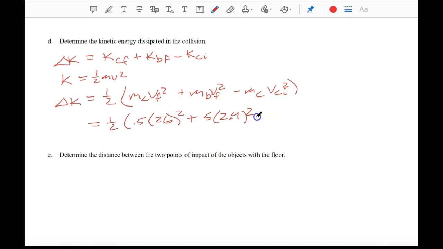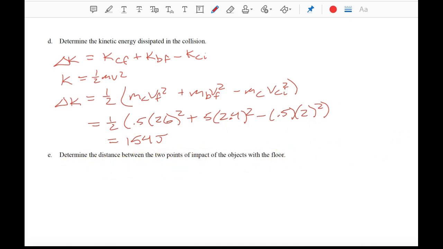And then we're going to subtract from that 0.5 times 2 meters per second squared. And all that will go in that parentheses. So your change in kinetic energy here is 154 joules.